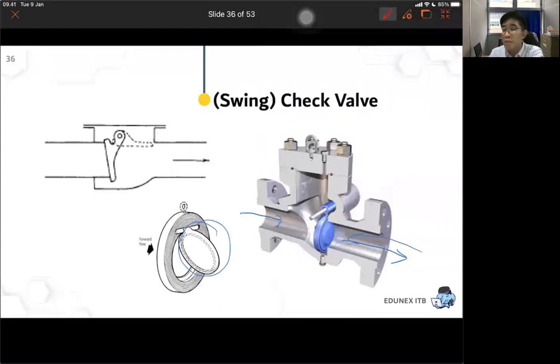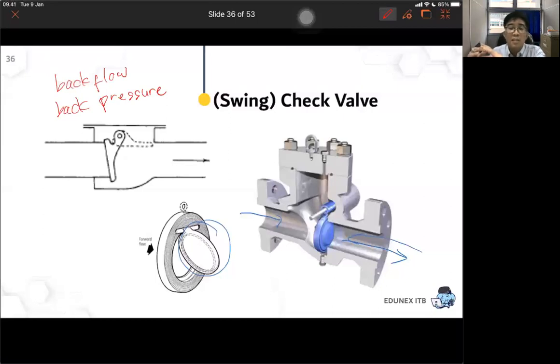So the function of the check valve is basically to prevent what we call backflow. Backflow is caused by back pressure. For example, in a certain pipe, we want the fluid to flow only in a certain direction.